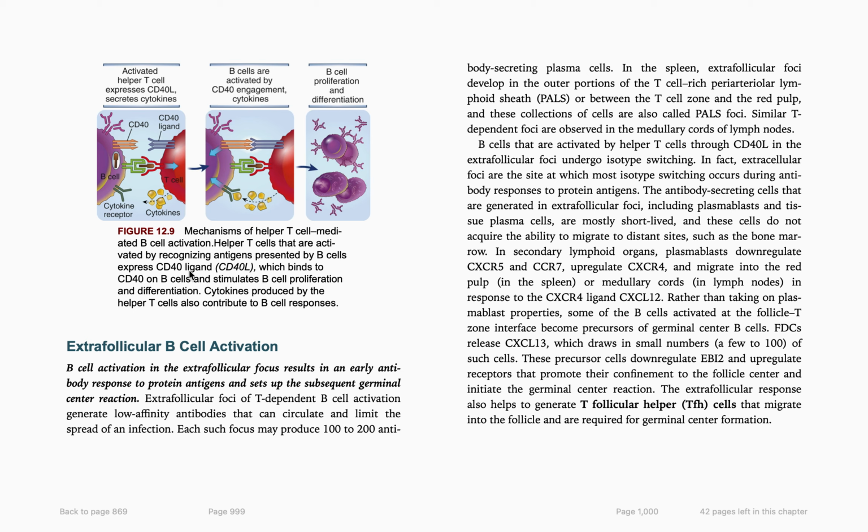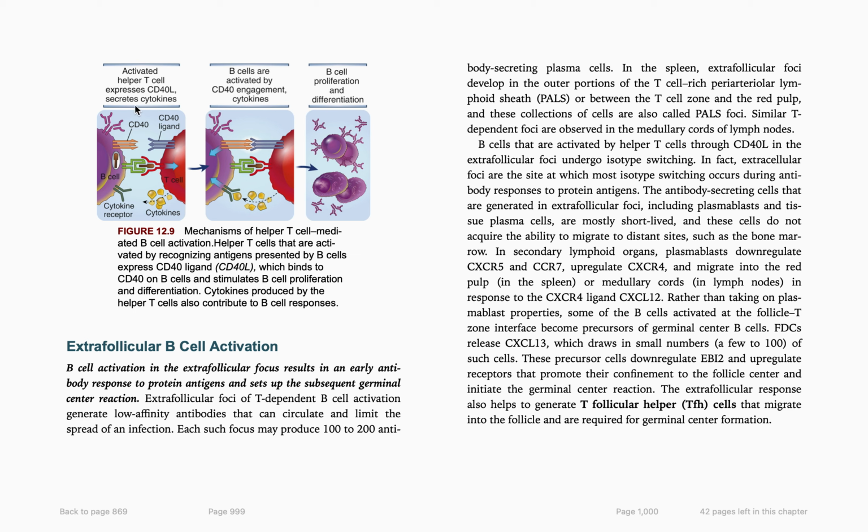So we have the mechanism of helper T cell mediated B cell activation. Helper T cells that are activated by recognized antigen presented by B cells express CD40 ligand, which binds to CD40 on B cells and stimulates B cell proliferation and differentiation. Cytokines produced by helper T cells also contribute to the B cell response.